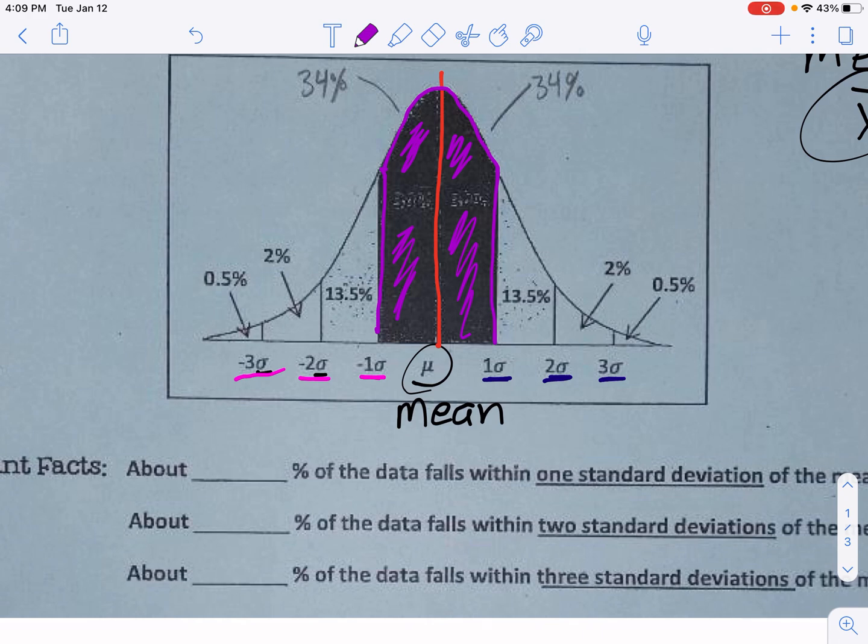Within each one of these, this amount of data would be 34% of the total data. On the other side, it would also be 34%, but on the negative side. Altogether, that would be 68%. If we add 34% and 34%, 68%, the majority of the data, is going to fall within 1 standard deviation of the mean.